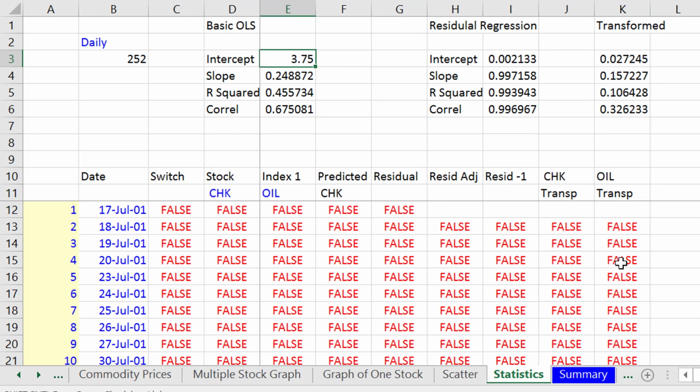Now, here is the thing. If you have time series data, remember how the oil price gradually goes up and down?